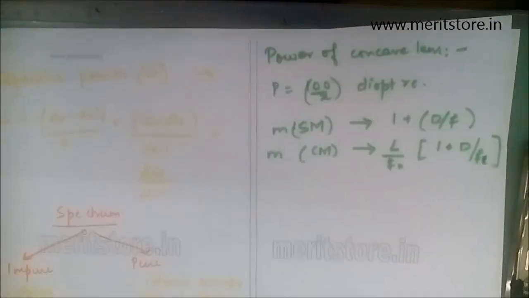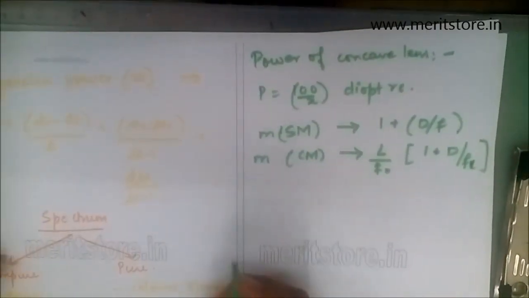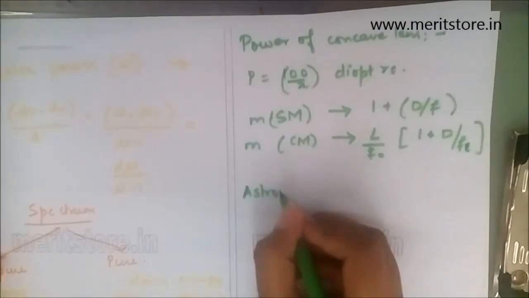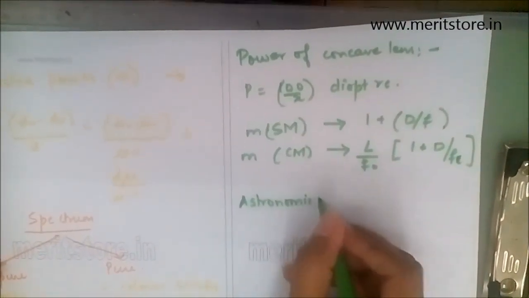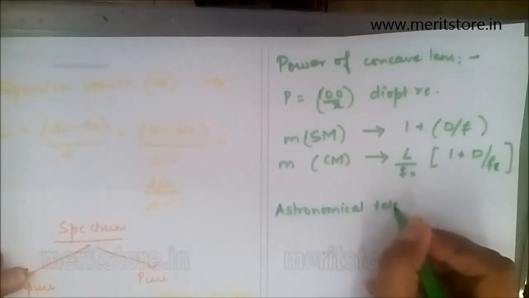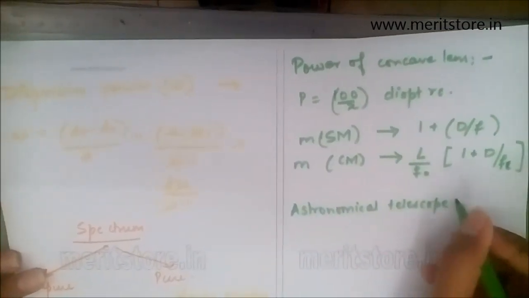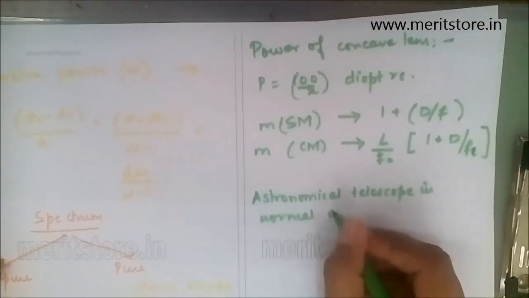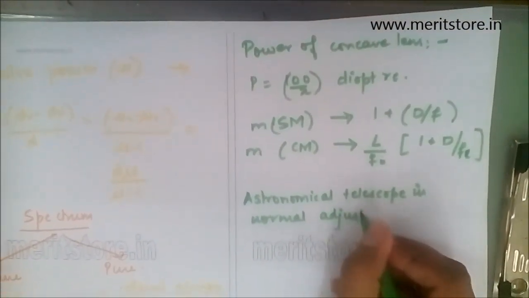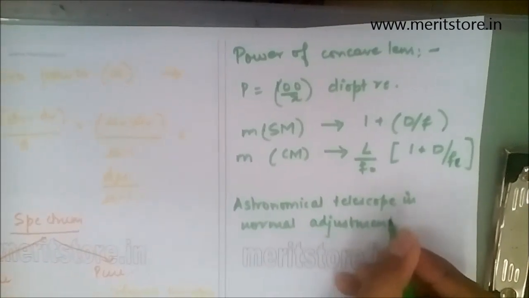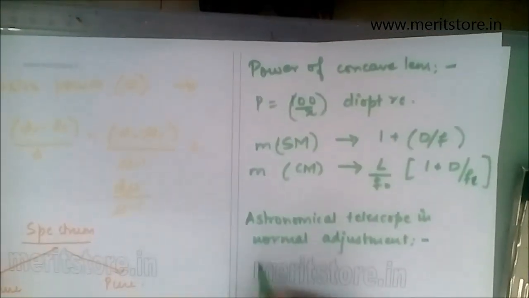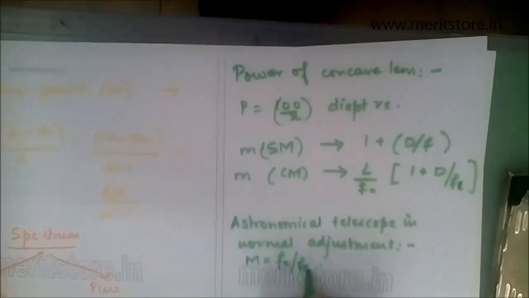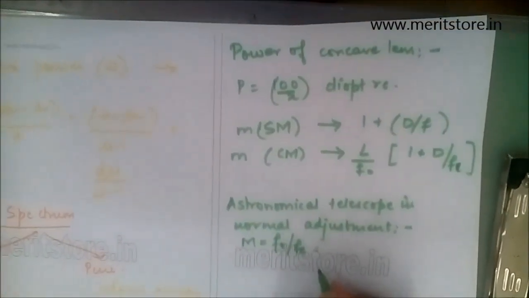Magnifying power or magnification of an astronomical telescope in normal adjustment is given as M is equal to F0 upon Fe.